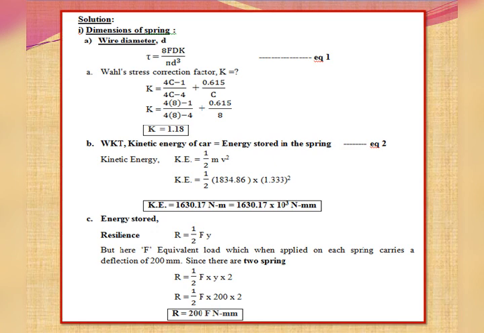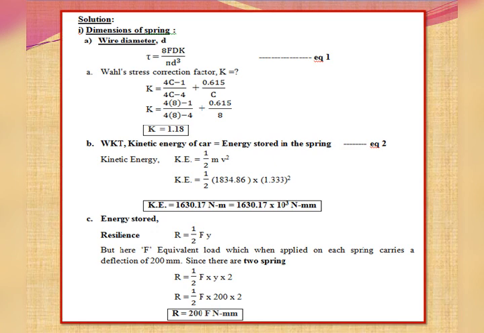Next, one more unknown required for equation number 1 is F, the load on the spring, that can be evaluated by using one of the conditions: kinetic energy of the car is supposed to be equal to energy stored in the spring. We'll call that equation number 2. Now we'll evaluate kinetic energy and energy stored in the spring separately.